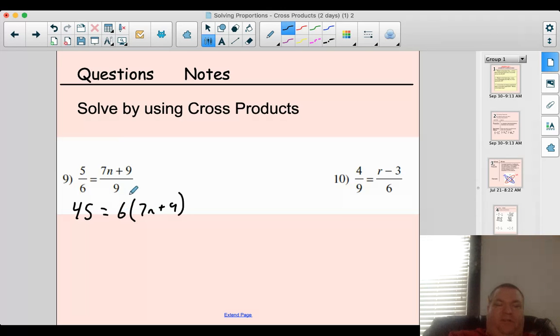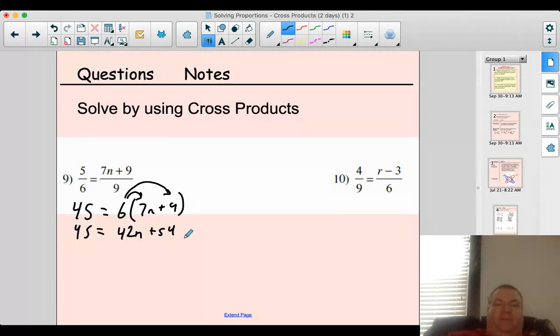I have to use my distributive property to get rid of them. So I'm going to distribute the 6. I get 45 equals 42n. Then 6 times 9 is 54. So 45 equals 42n plus 54.